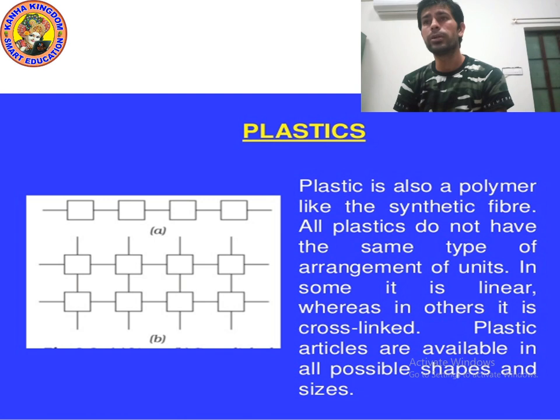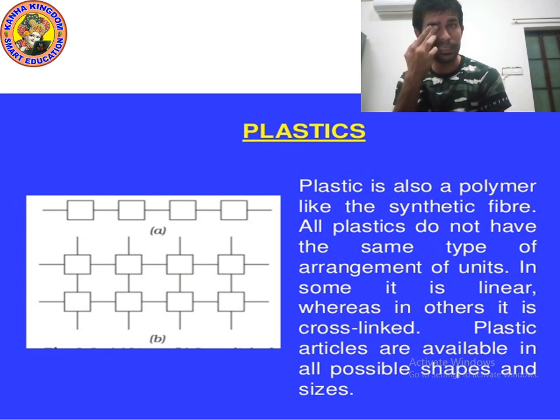All plastics do not have the same type of arrangement of units. Yes, remember kids, unit means carbon molecule, or you can say chemical substances. So the arrangement of units is not of the same type.